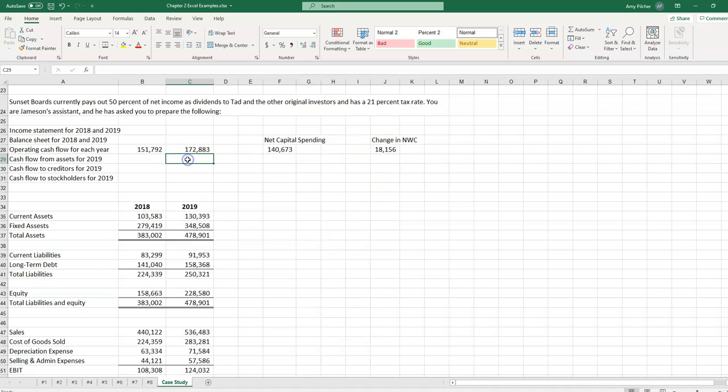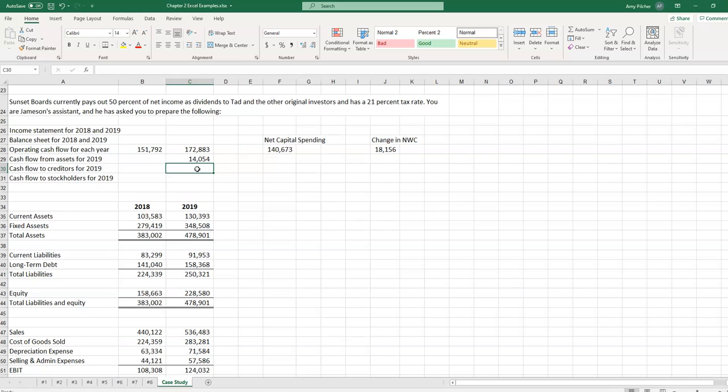The cash flow from assets is operating cash flow minus net capital spending minus change in net working capital. So our cash flow from assets for 2019 is $14,054.